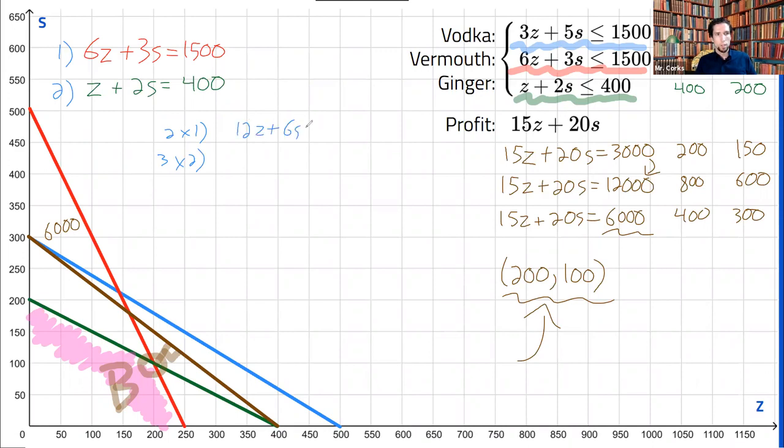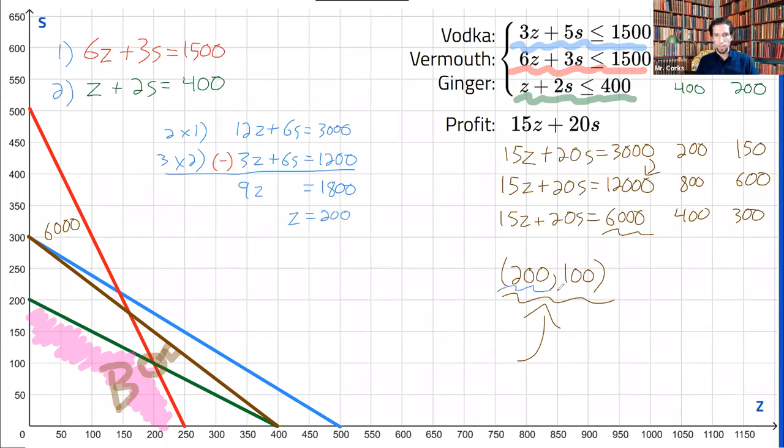That's 12Z plus 6S equals 3,000, and then the other one is going to be 3Z plus 6S is equal to 1,200. We are subtracting because we have the same sign on both of these. So 9Z plus 0S is equal to 1,800, and therefore our Z is equal to 200.